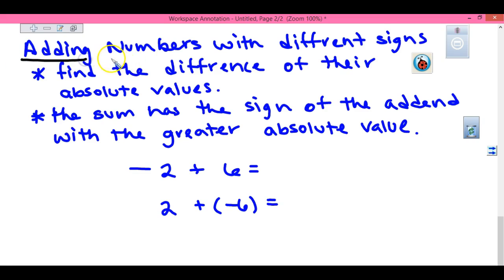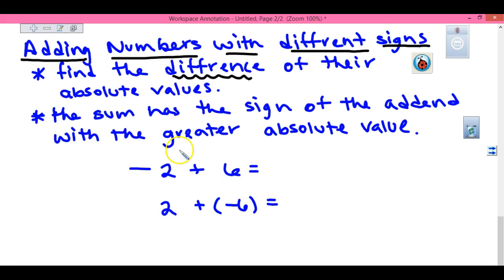When we're adding numbers with different signs, in other words, we have a positive and we have a negative, we're going to find the difference of their absolute values. Then the sum is going to keep the sign of the addend with the greater absolute value.